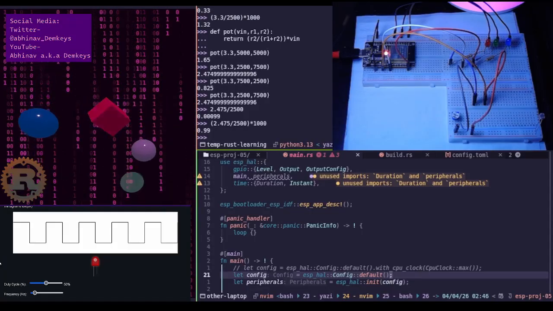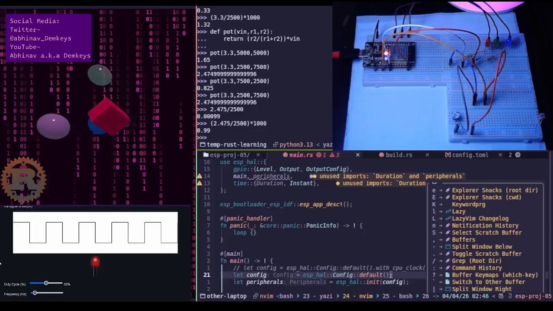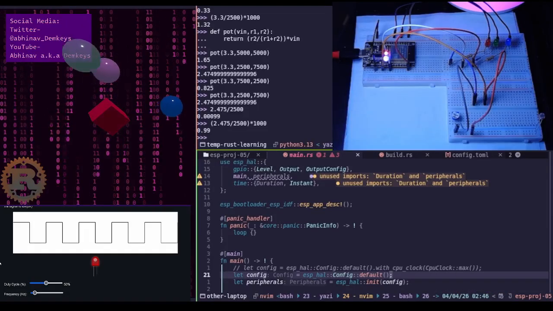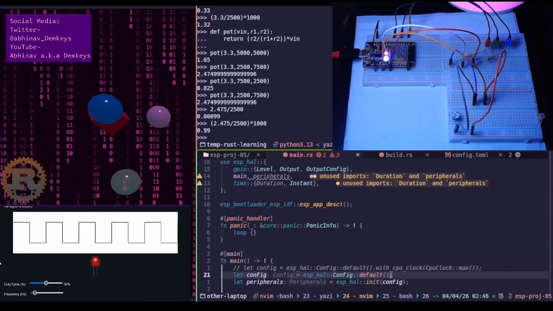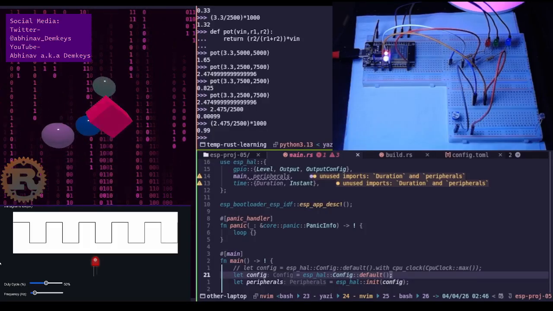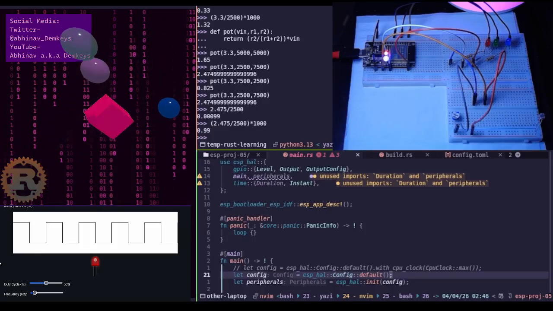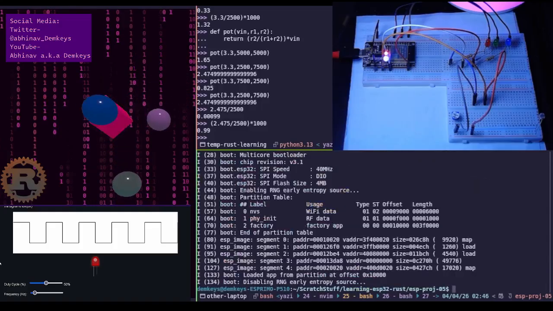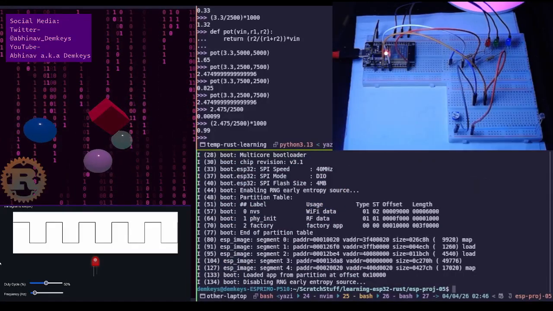I have NeoVim installed, but I don't remember if I have Vim. I have Vim, okay. This is Vim. This is also what NeoVim looks like, more or less, when you open it up.